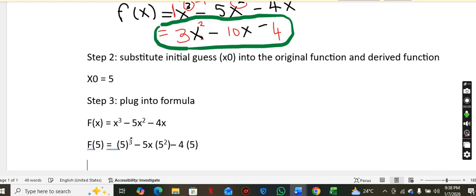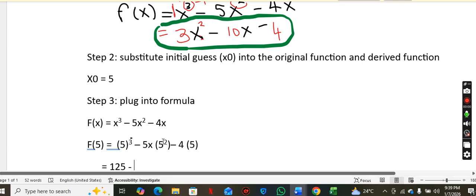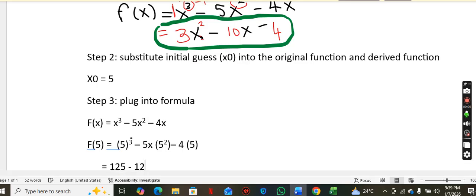5 cubed, that is 125, minus 25 times 5, 125, minus 20. Colleagues, where it starts sounding like Greek, where I'm speaking first in English, then it starts sounding like Greek, ask, okay? Because once you miss out any step here, this will confuse you.